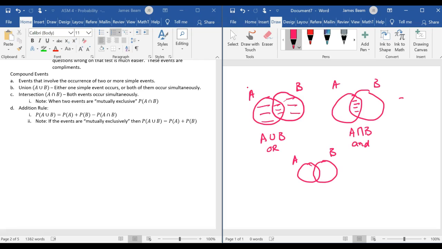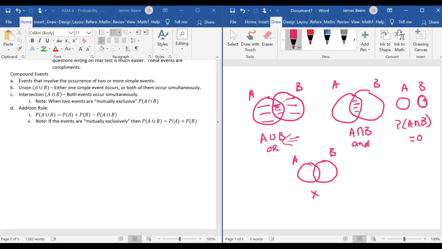This is where we have the mutually exclusive problem. A and B here are mutually exclusive, which means that the probability of being in the intersection is in fact 0. It's impossible. So that's a test for mutual exclusivity. The one that bothers students is the fact that the both is included in the or, because we don't do that in the English language. We either say it's red or blue. We don't say it's red, blue, or both.